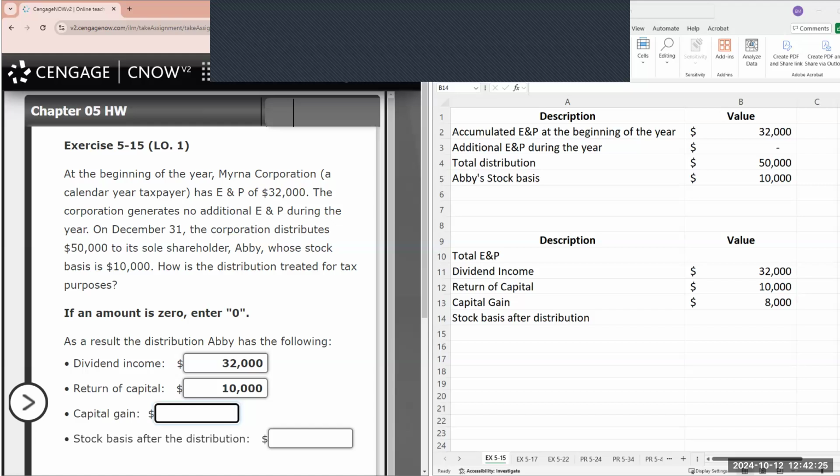The capital gain would represent the excess of the distribution treated as a dividend income, less the maximum return of capital, which reduces the basis to 0. So the extra $8,000 will be treated as a capital gain. The stock basis after the distribution in this case would be 0. Why? Because the return of capital reduces Abby's stock basis to 0.